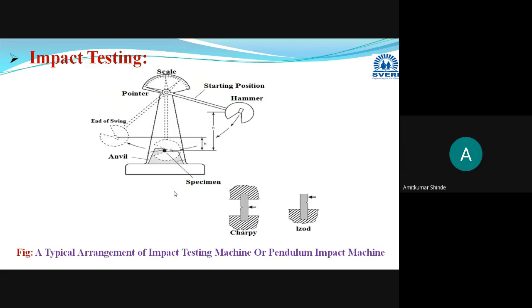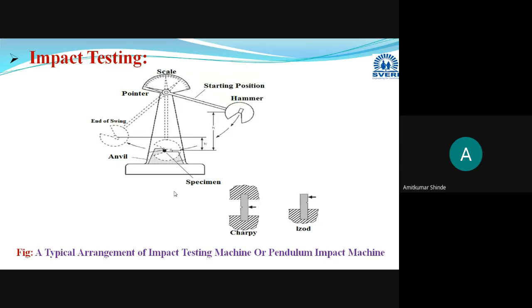During this impact testing, we are going to create all these three conditions in the test specimen, and determine the actual amount of energy that material can absorb before its failure, by creating a triaxial state of stress, low working temperature and rapid loading.